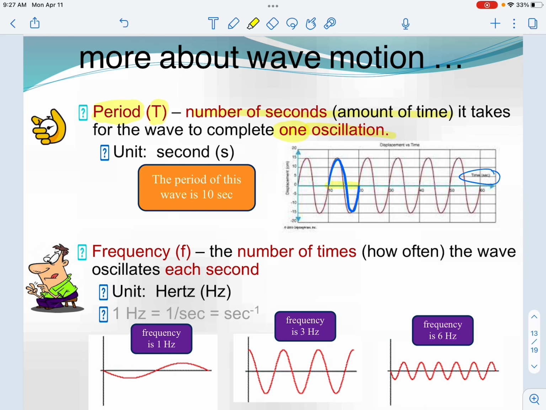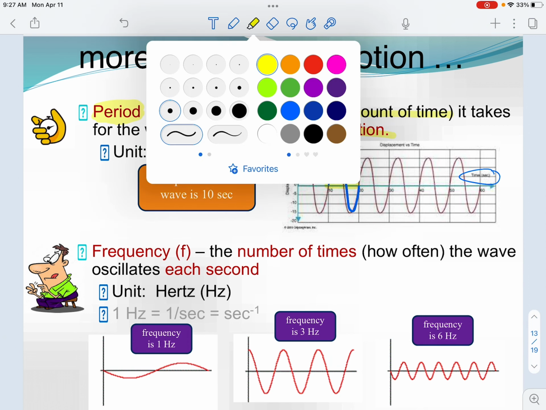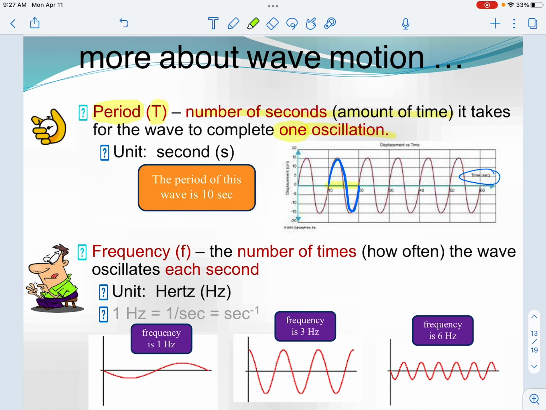Now, the other word on this screen is frequency. Frequency is inversely related to period. So let's talk about what frequency is. This is defined as the number of times a wave oscillates in 1 second. When it says each second, that means only 1 second of time.